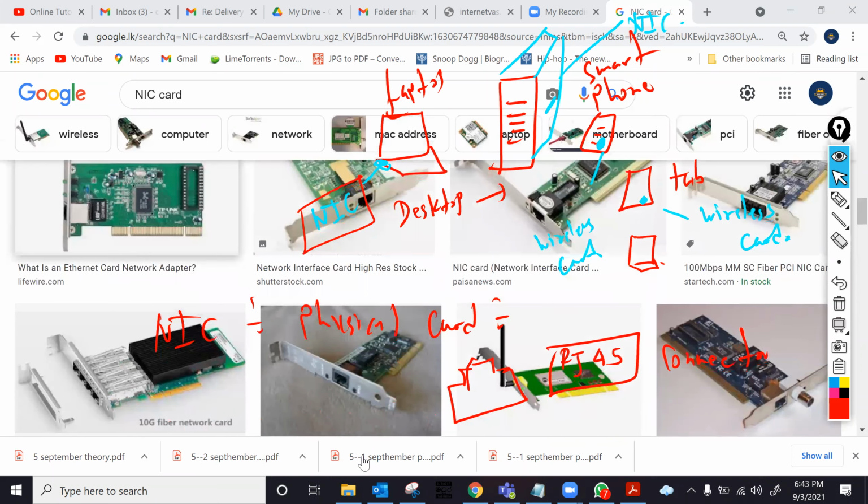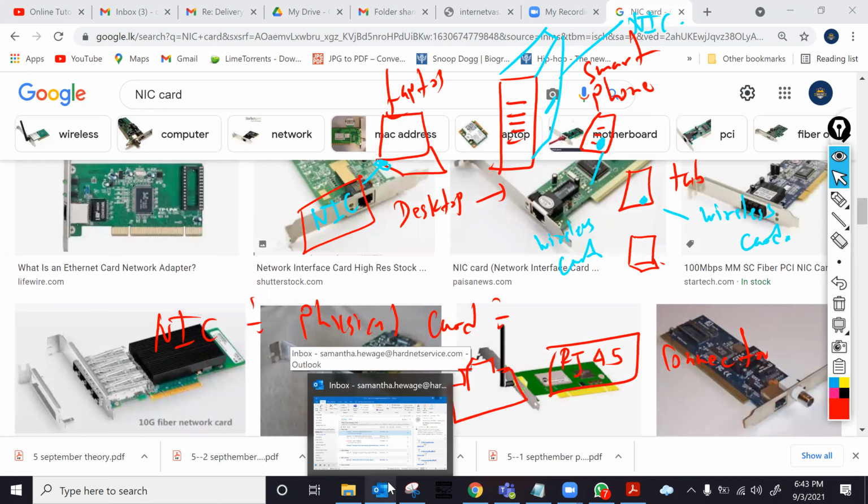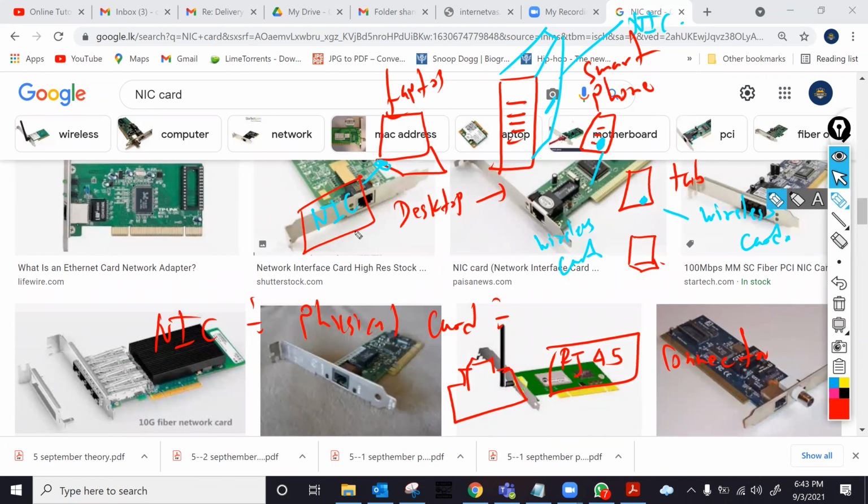Normally this is the chip, the slot. This slot is connected to the motherboard. It fixes from this end and comes to the back surface of the PC. Then we can plug the cable, something like that.